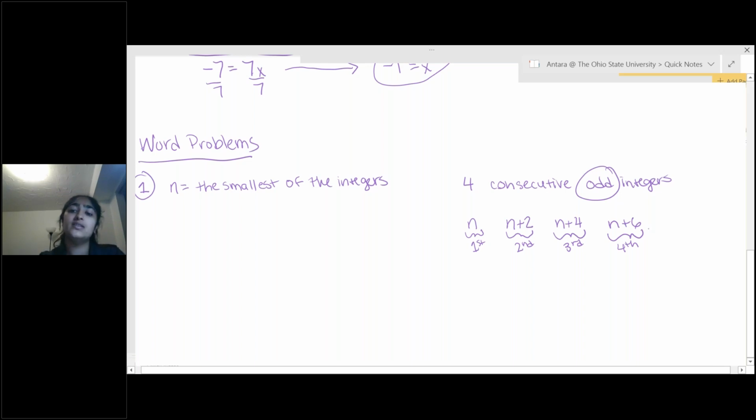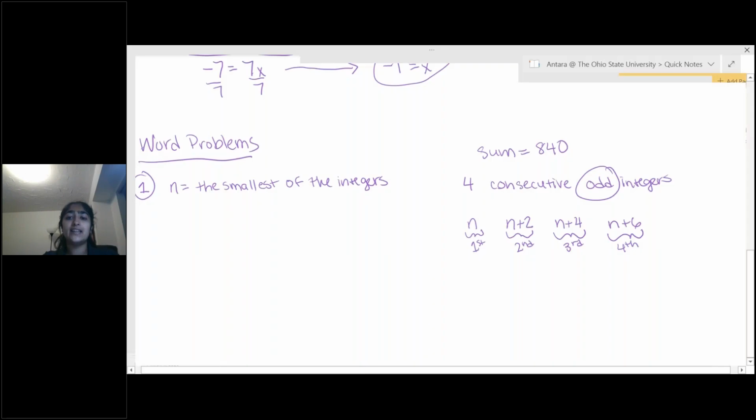But we know that the sum of those is 840. So basically adding all of these four numbers is going to get us 840.